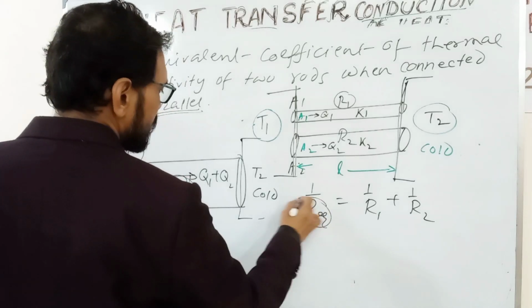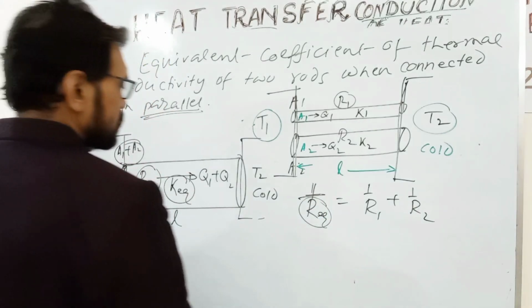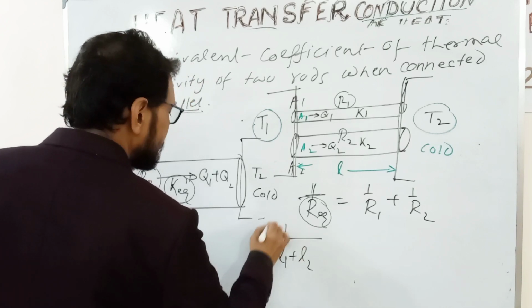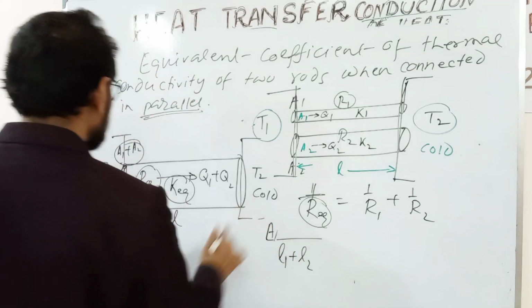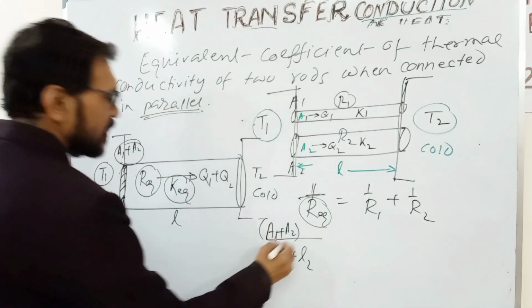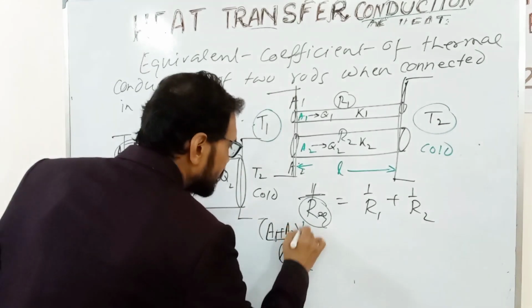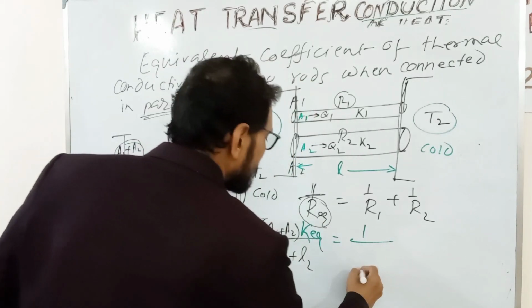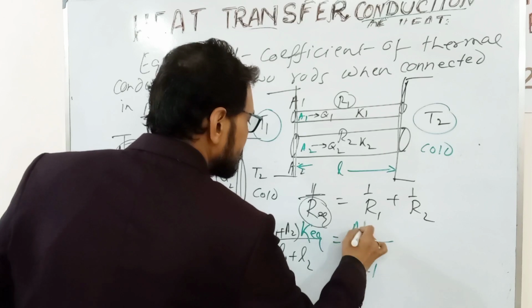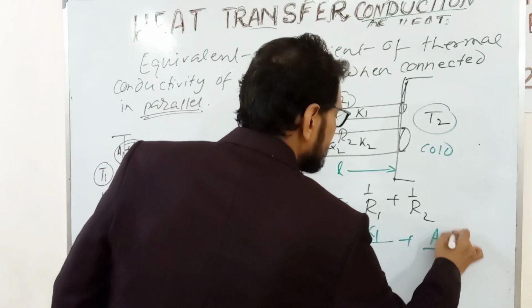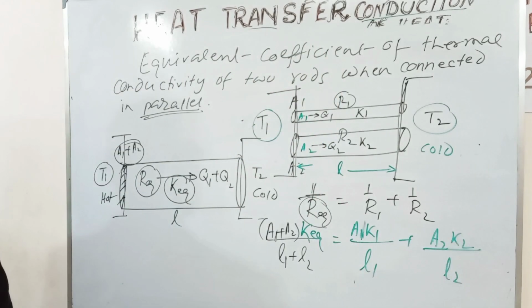In parallel connection, equivalent resistance is given by this. Now R equals L by AK, with length L, area A1 plus A2, and K equivalent. R1 is L by A1 K1, and R2 is L by A2 K2. So these are the formulas.